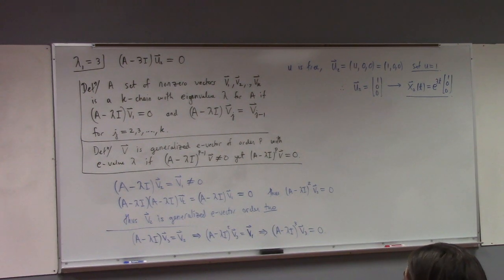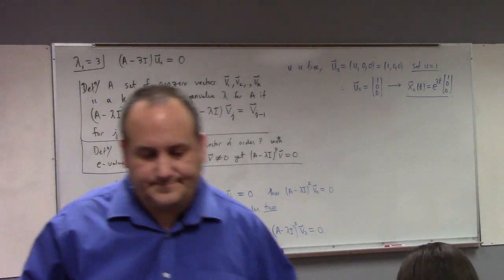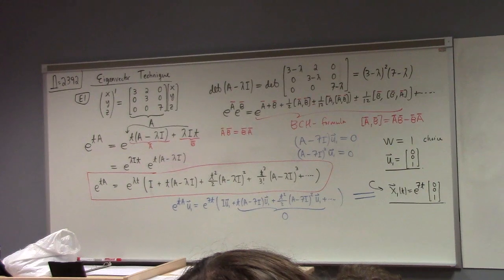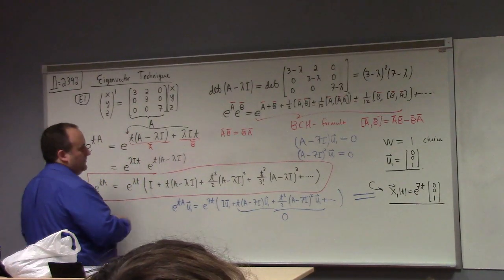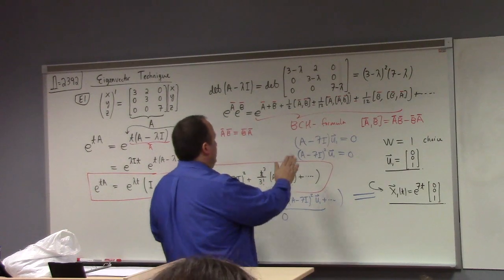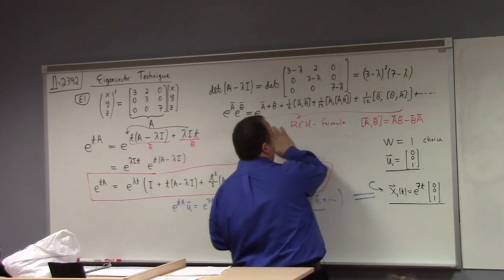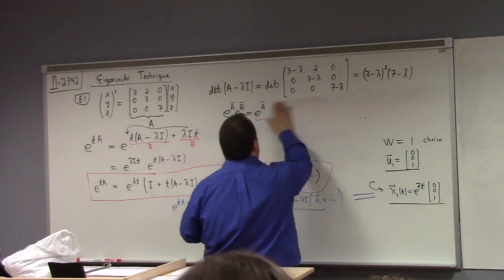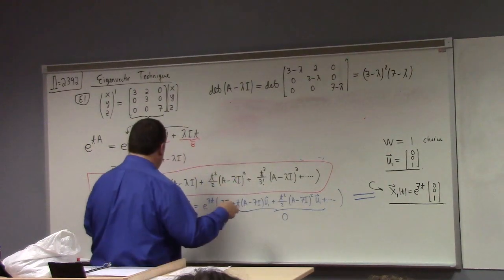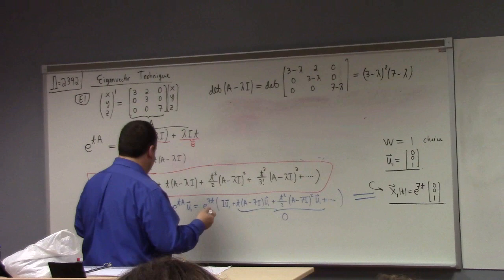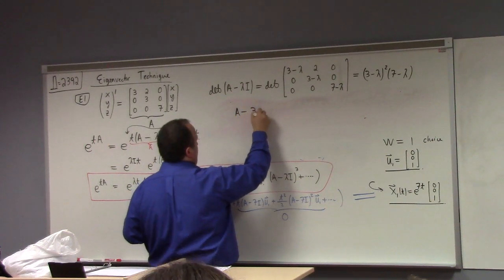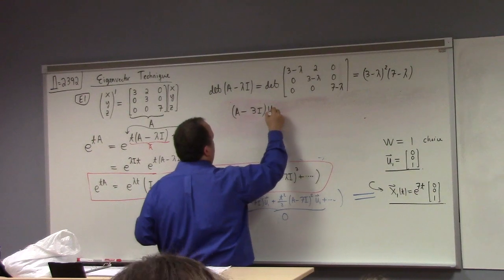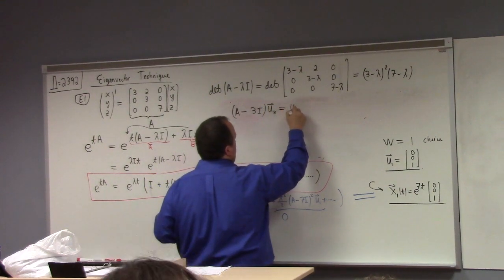Notice what would happen if we had, for the sake of discussion, I'm going to put it up here so everybody can see it, A minus 3I times u3 equals u2.